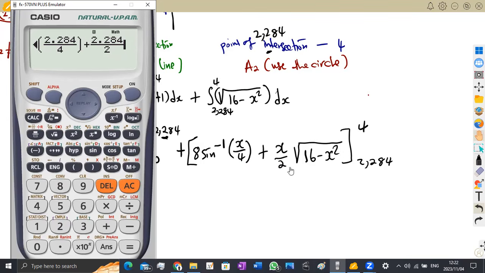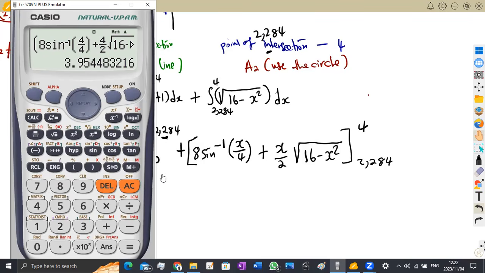All right, like this. Then we've got the square root of 16 minus x squared. So it's 16 minus our x, which is 2,284, like this. That's 2,284. All right, that's 84 squared. So you're going to square this part. All right, then we close everything. That is the bracket of everything.